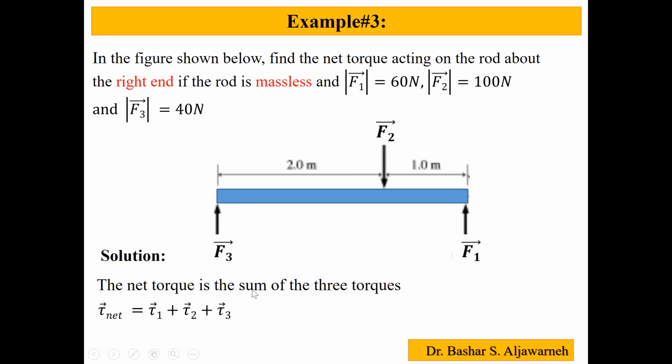Now, torque from F1 is obviously equal to zero because the distance here, or the lever arm distance or length, equals zero. So I have now to calculate the torque from F2 and torque from F3.